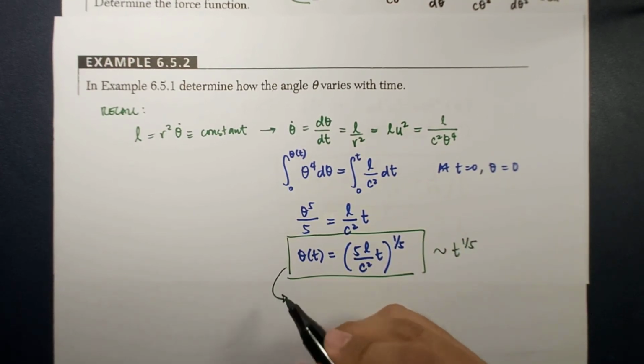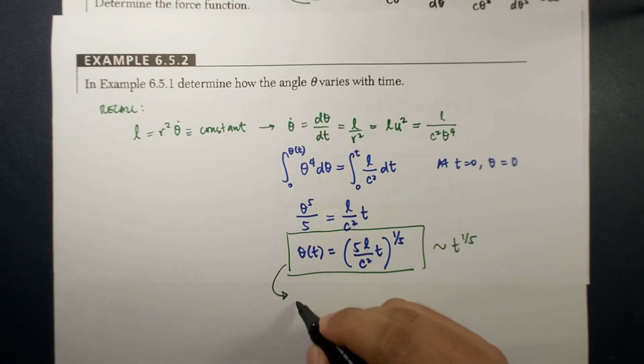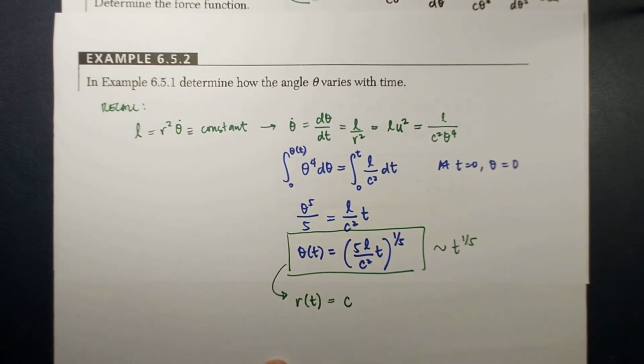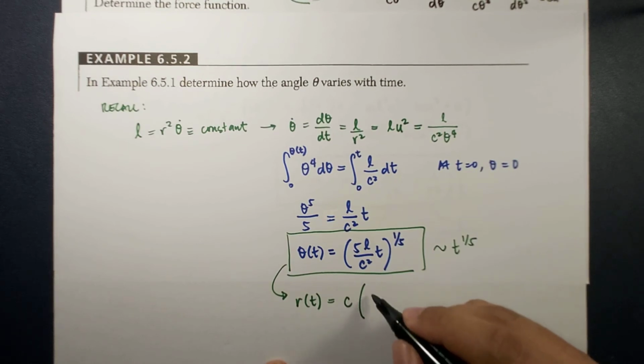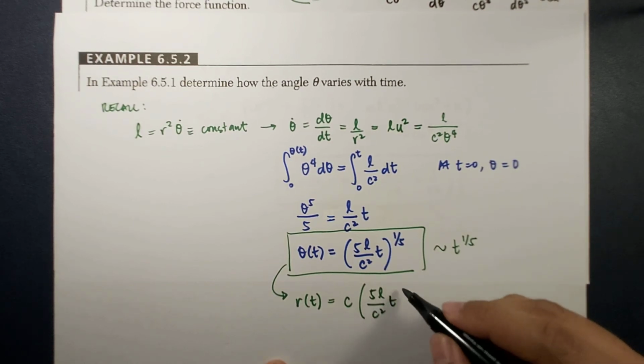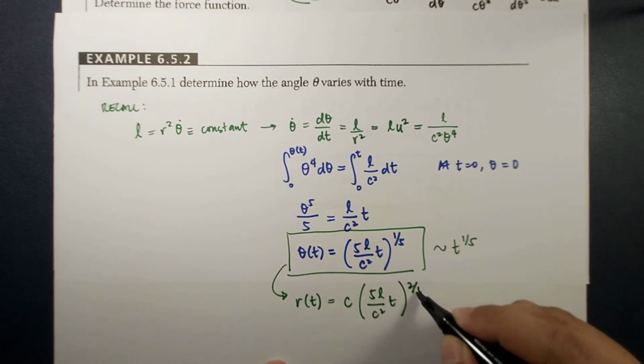We can calculate it further by getting the radial position as a function of time, and this is equal to c times 5l over c squared times t to the 2/5.